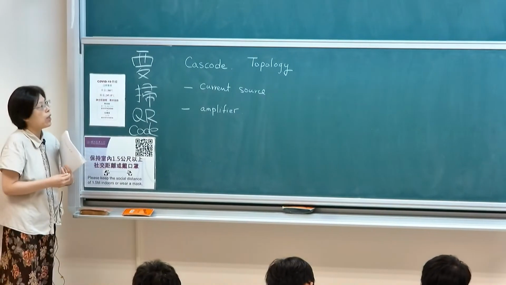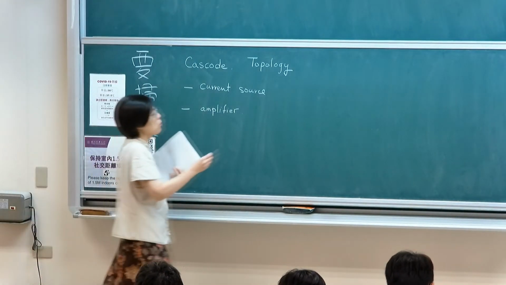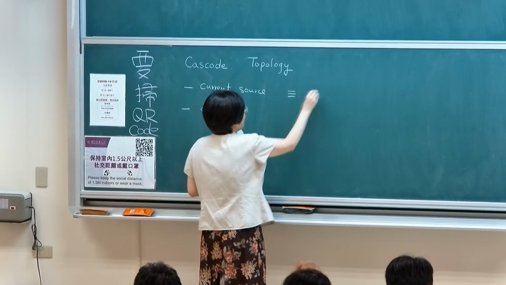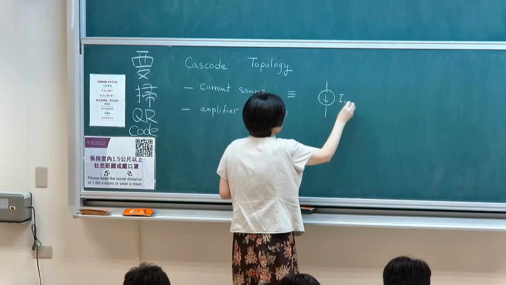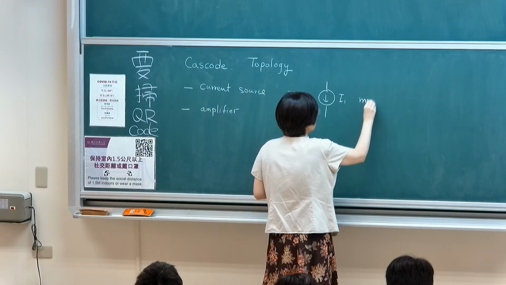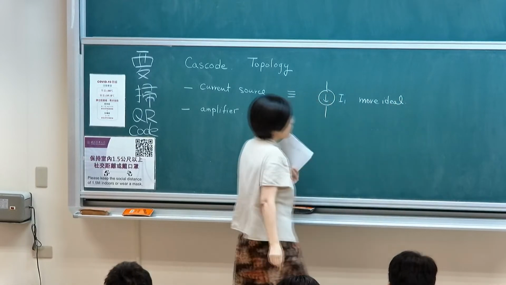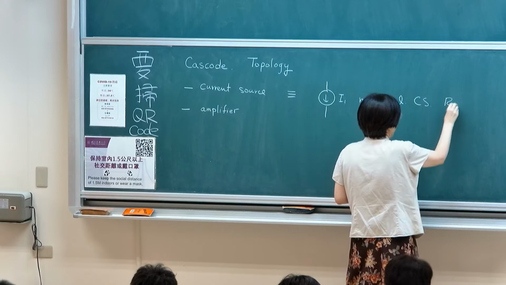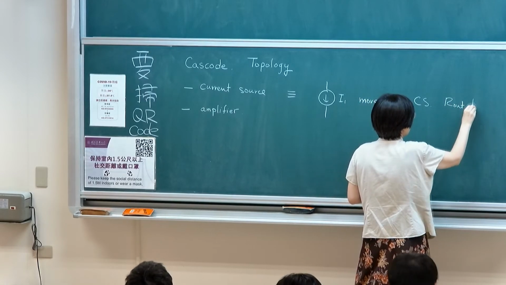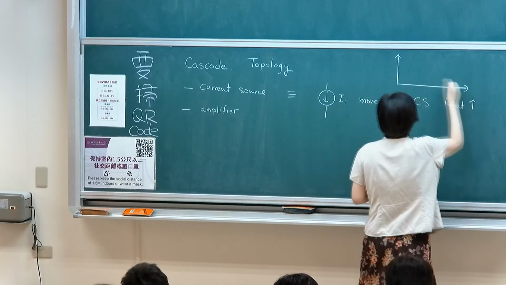Typically, when we use a cascade structure, you mainly want to substitute something. You want to have a more ideal current source, to deliver a more ideal current source. More ideal current source typically means that it has a higher output resistance. What is an ideal current source?